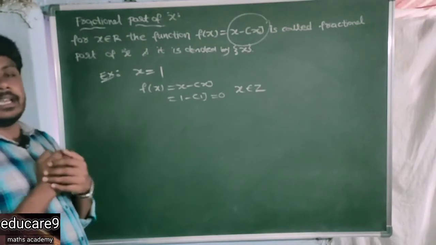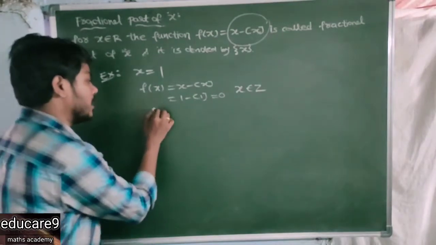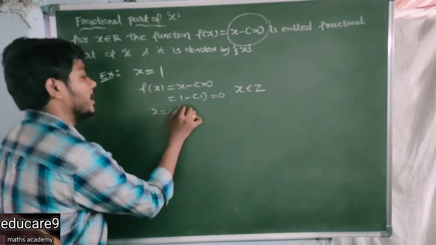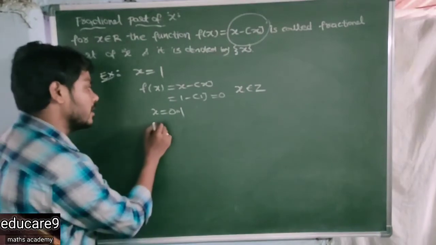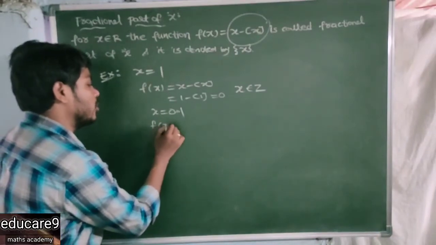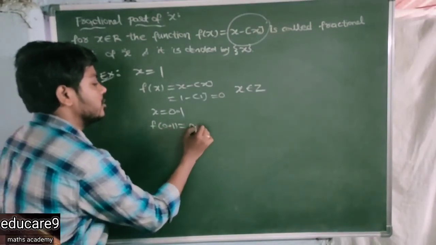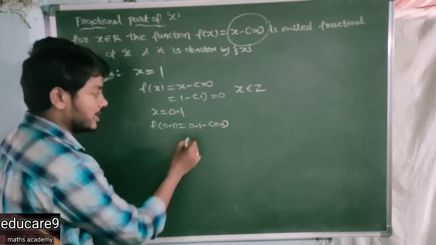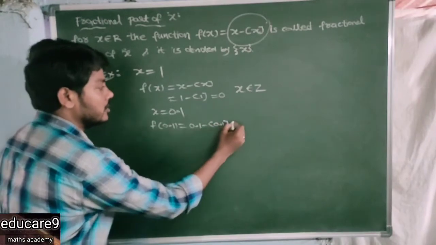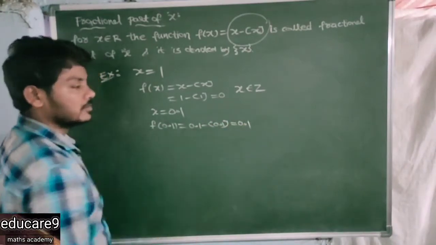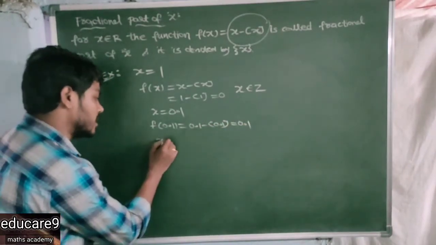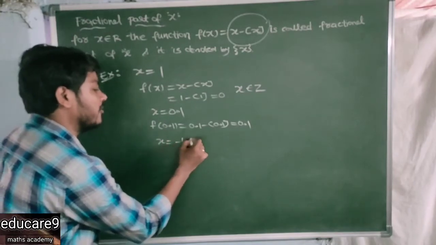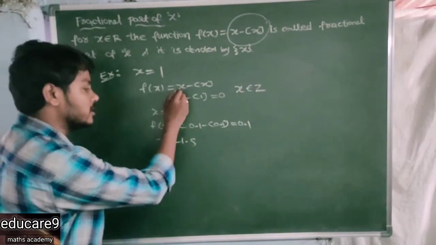If x is not an integer, for example, x is equal to 0.1. So f of 0.1 is 0.1 minus step of 0.1. So clearly step of 0.1 is 0, you get 0.1. If x is equal to minus 1.5, what is this value?